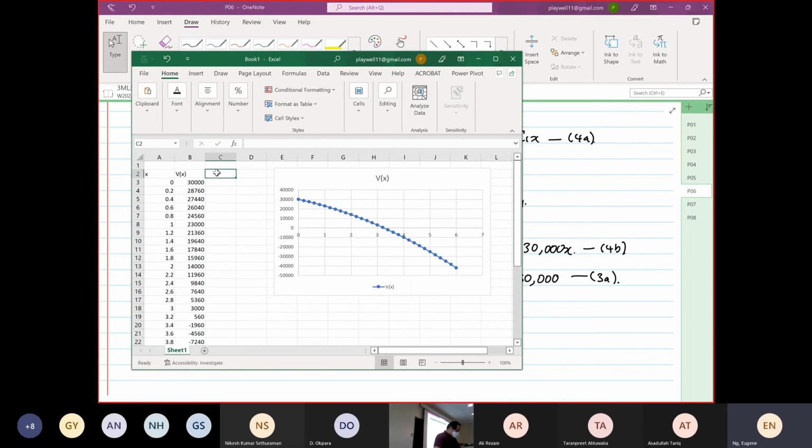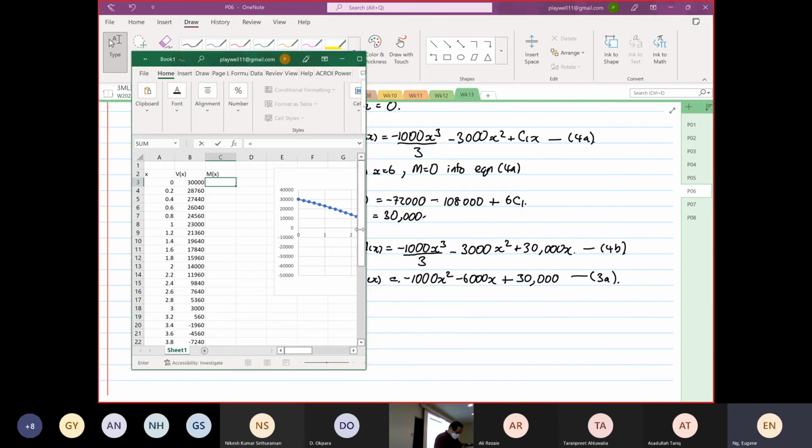Then we're going to plot our bending moment, M as a function of x. So we are going to do the same thing.